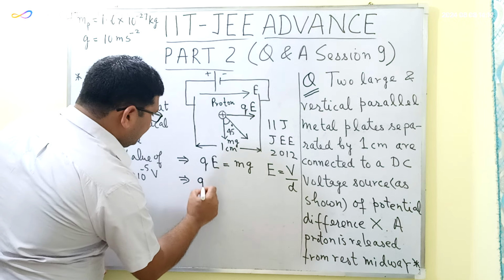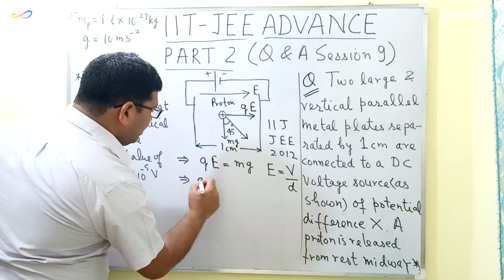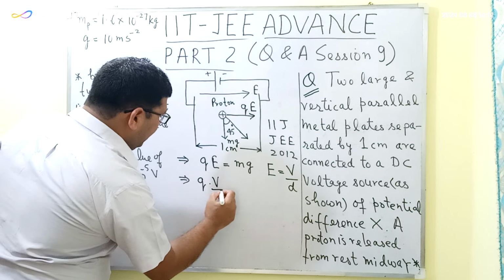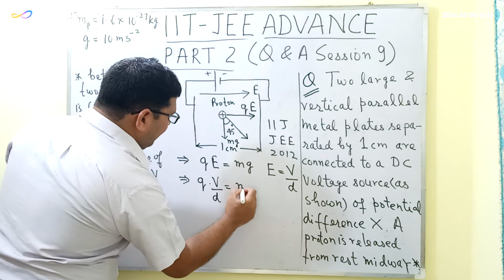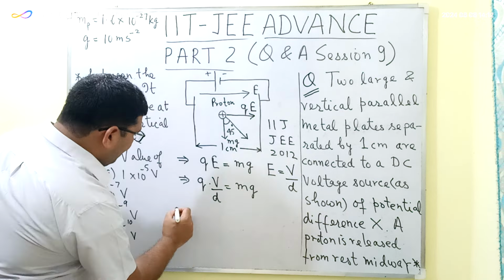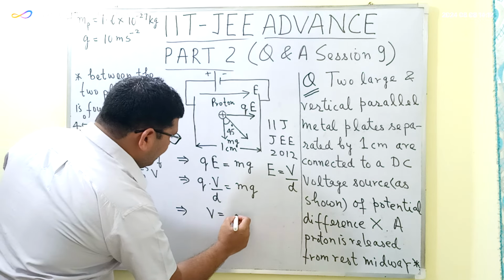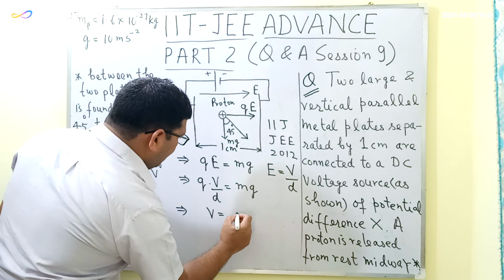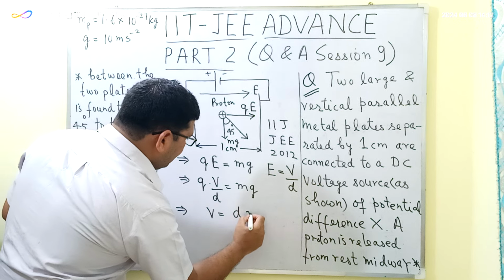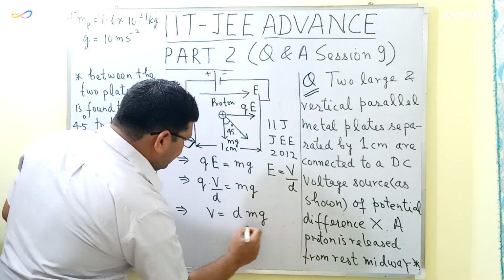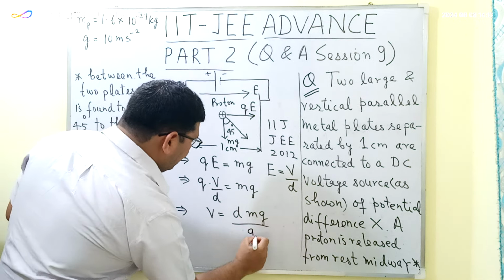So I will be getting the formula as Q into V upon D will be equal to M into G. So from this equation, the value of V is equal to D M G divided by Q.